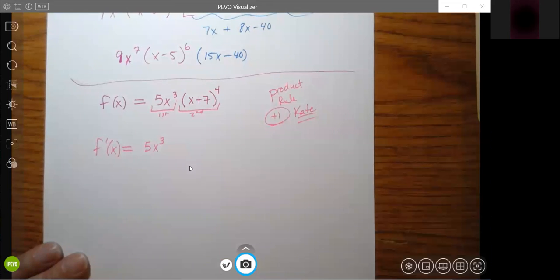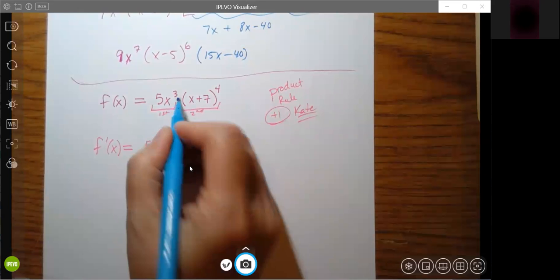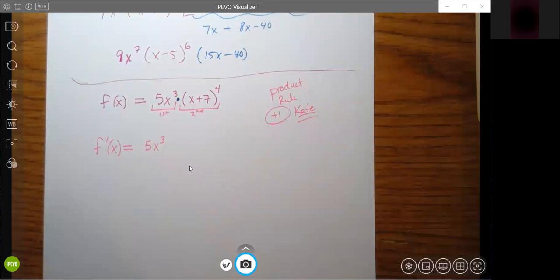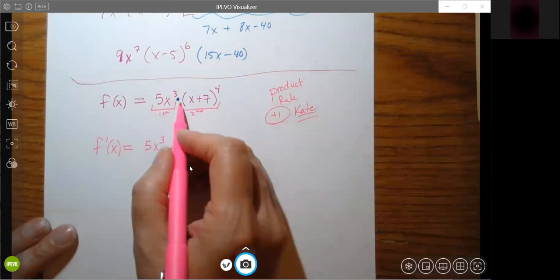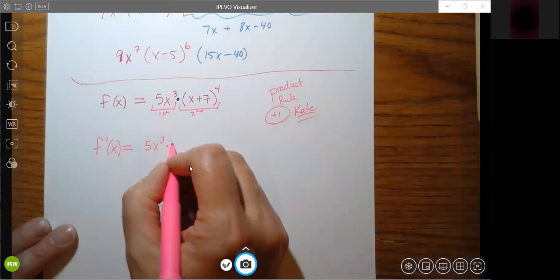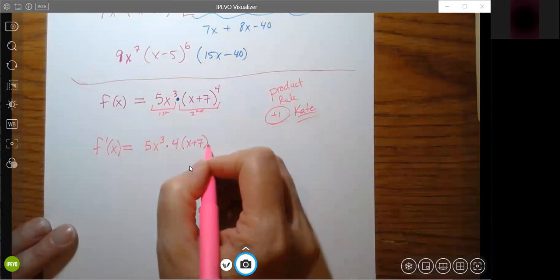Well, yeah, but there's a chain rule inside the product rule. Do you bring down the 4, right? This 4 is going to come down here, and then you keep the parentheses, and then times 1.